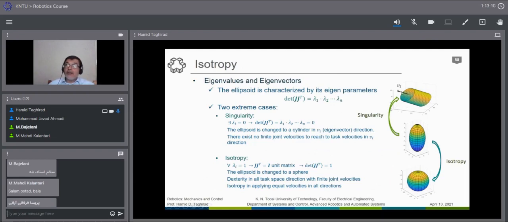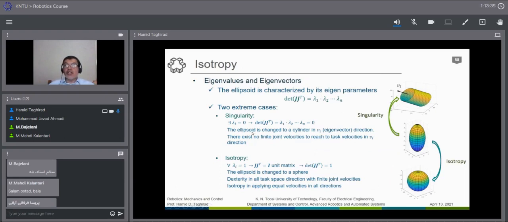Which direction? What is this direction? We have an eigenvalue and an eigenvector. The eigenvalue is equal to 0. The determinant is equal to 0. And what is the direction? The eigenvector of the 0 eigenvalue gives you the direction. You have non-reachable speed here.